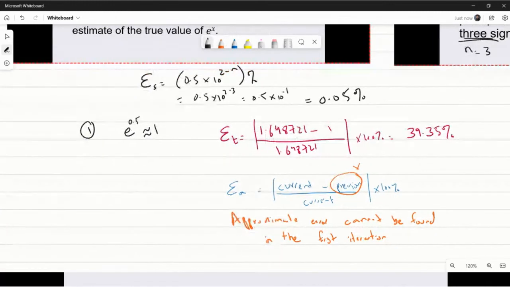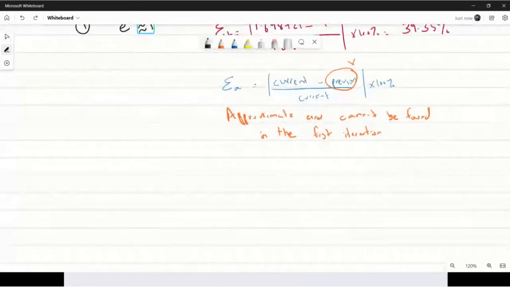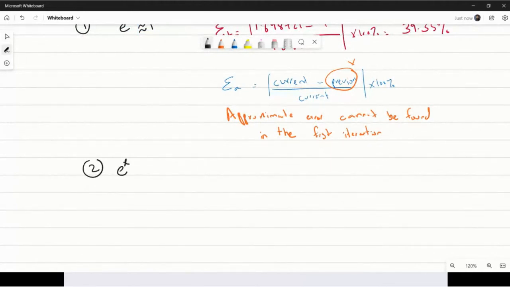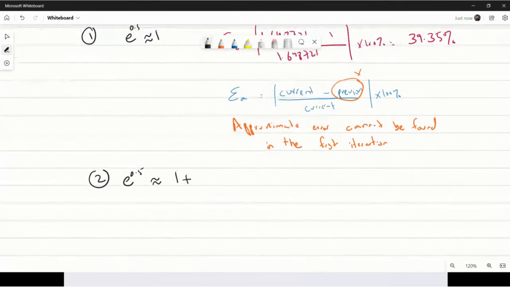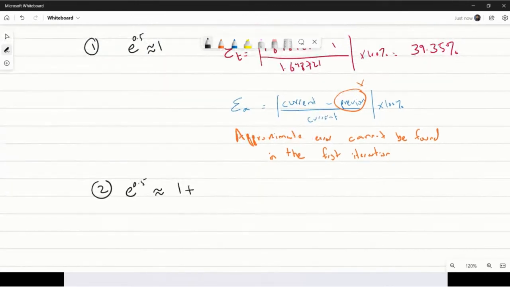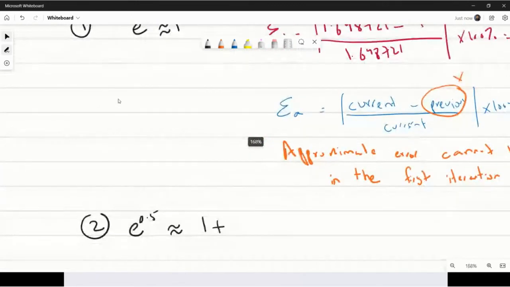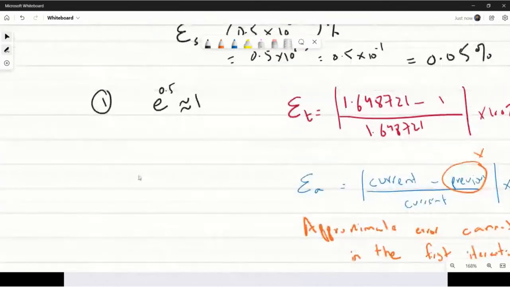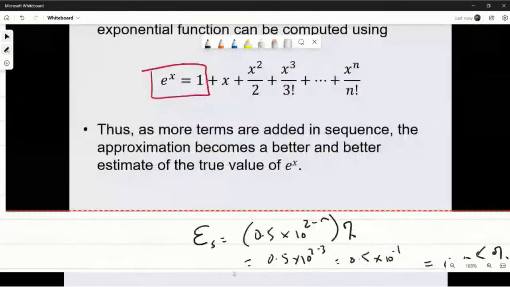Now we go to the second iteration. Exponent of x, or I'll say 0.5 because we are dealing with 0.5, is approximately equal to 1 plus, according to the equation, 1 plus x squared by 2.